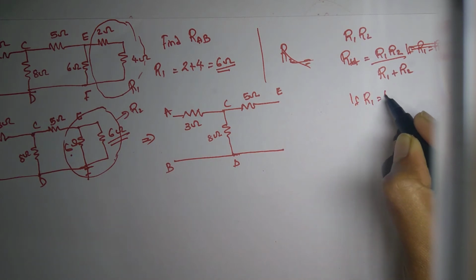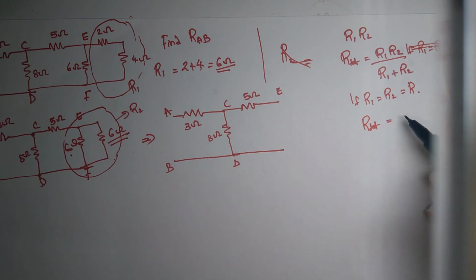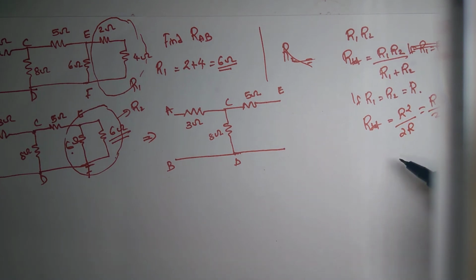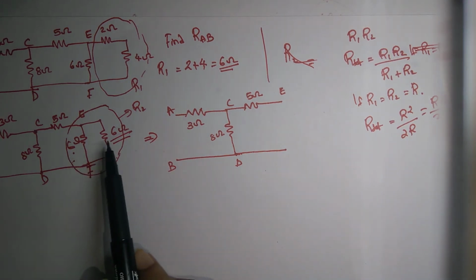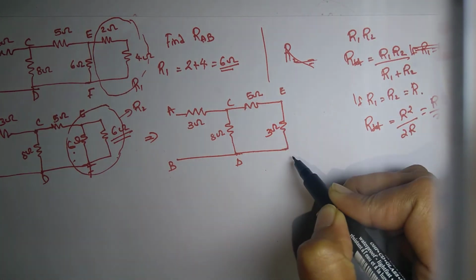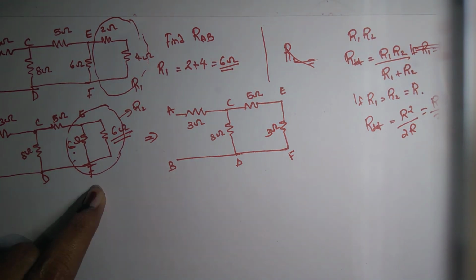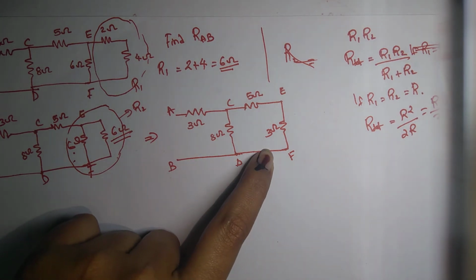If R1 is equal to R2 is equal to R, then my total resistance will be R into R, that is R square, divided by 2R, or R by 2. So if we are connecting two resistances in parallel, the net resistance will be R by 2. Here we have 6 ohm in parallel, so the net resistance will be 6 by 2, that is 3 ohm. So we have simplified the 6 ohm and 6 ohm into 3 ohm.